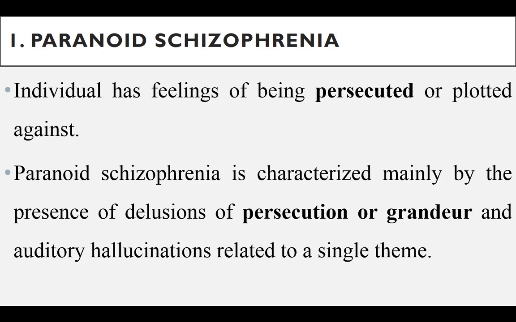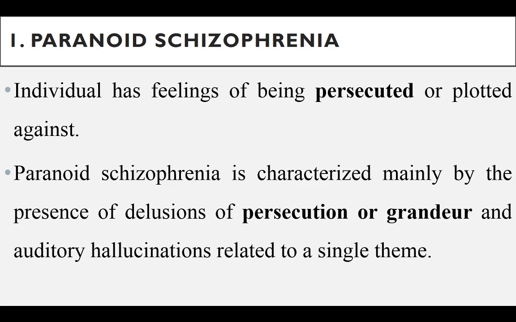The grandeur delusion is that I have won a lottery of 1 crore. The other grandeur delusion is that because I got a promotion, my colleagues don't like me anymore, and they want to plot something against me.